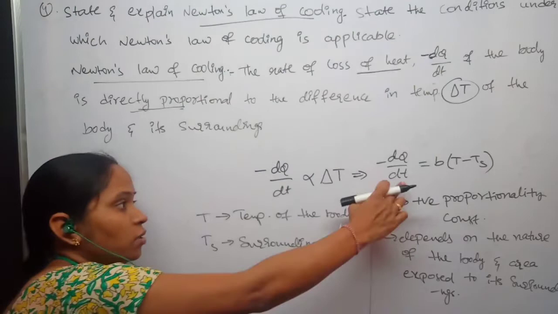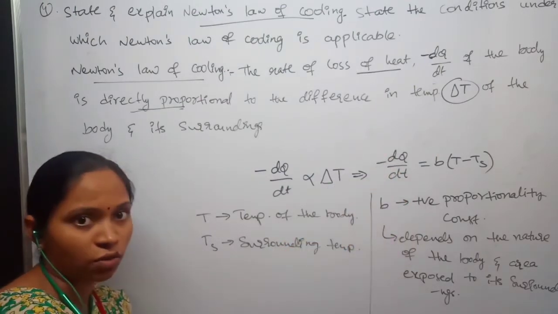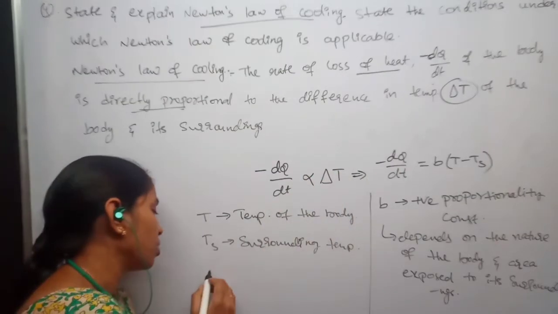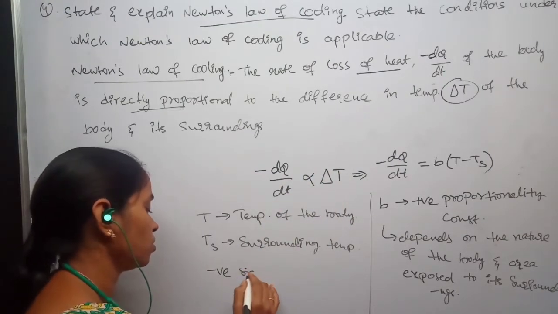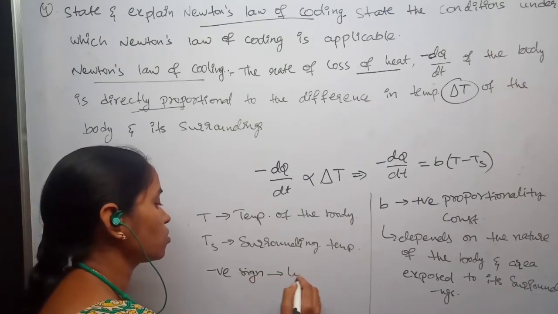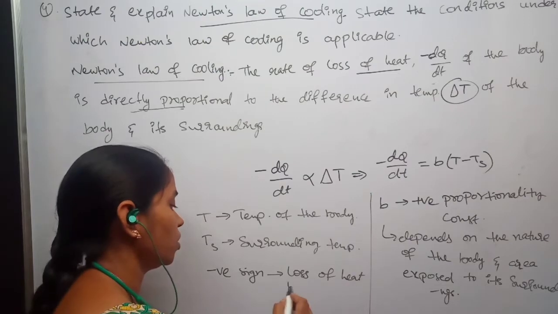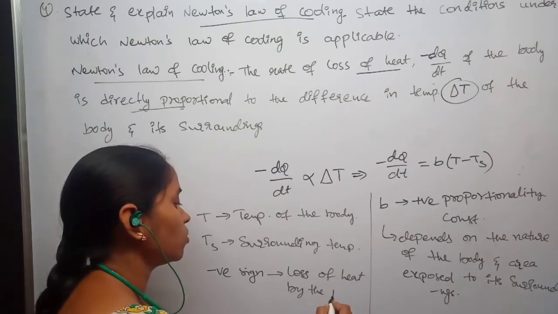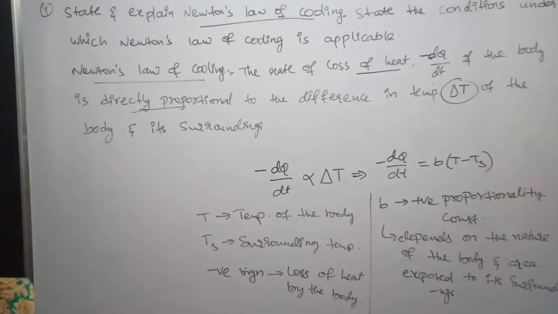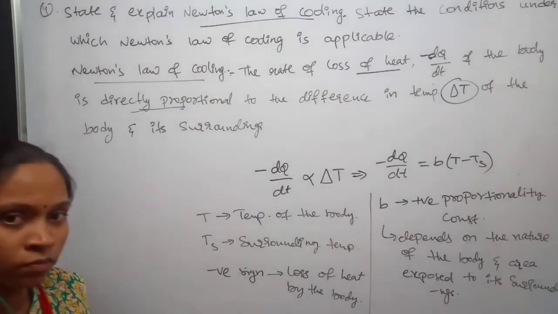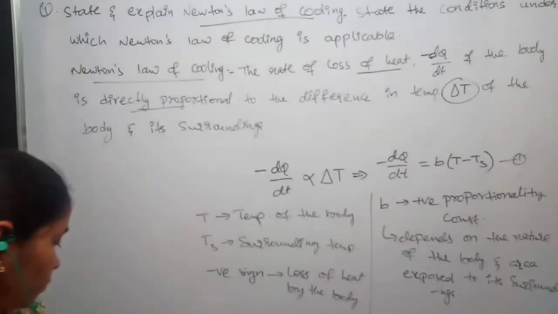And dt is the rate of change of time, dq is the change of heat of the body, and this minus sign indicates loss of heat by the body to its surroundings. Just copy this. This is equation number 1.